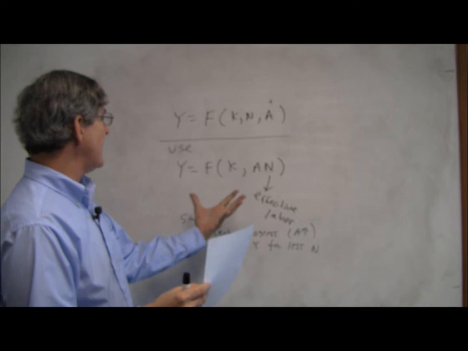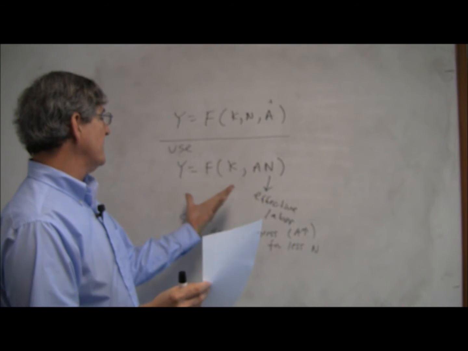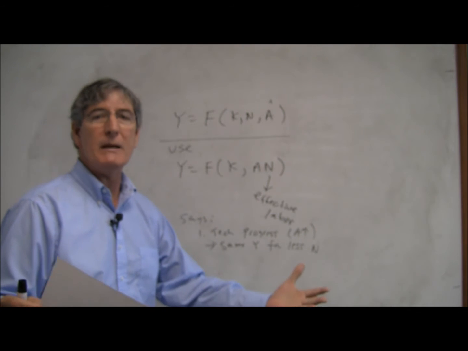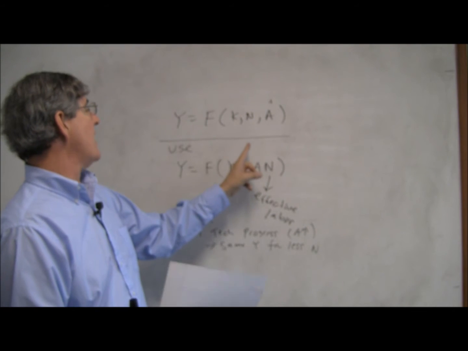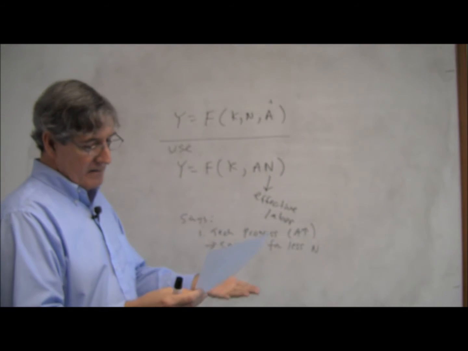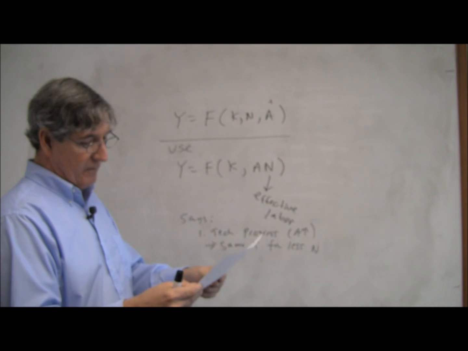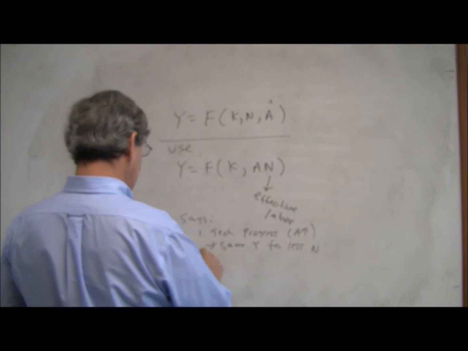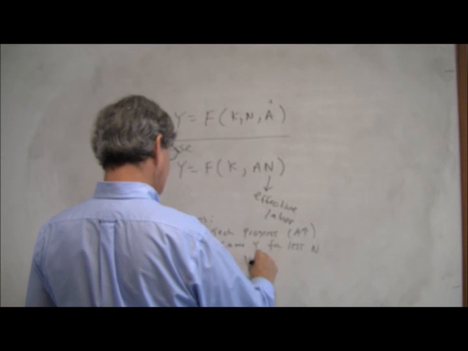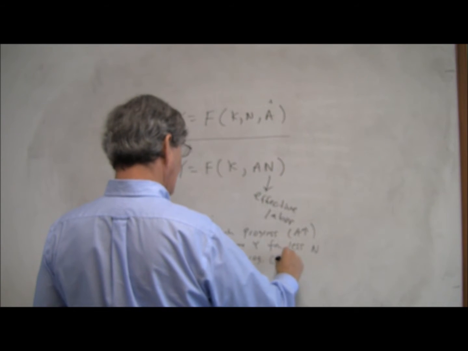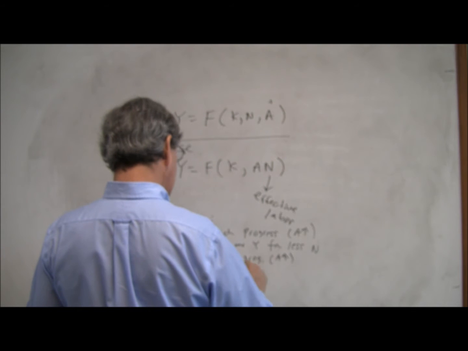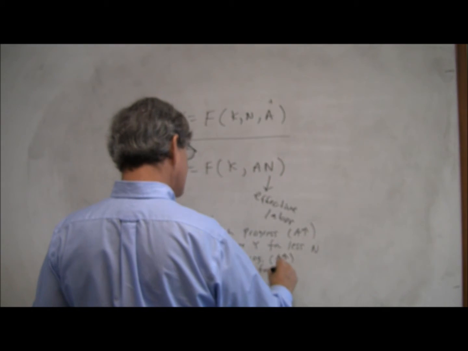It's labor-saving technology. So you invent a computer or something that a person can use, and one person can then do the job of 3 people. So A goes up by 3 and N goes down to a third, because it takes a third as many people as before. And the other thing is that technological progress, A going up, leads to an increase in output for the same N.